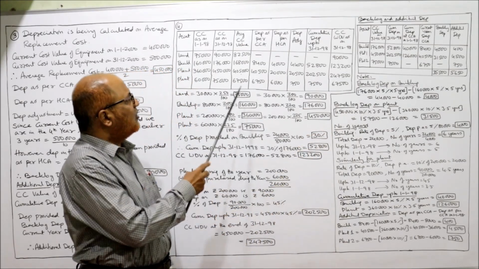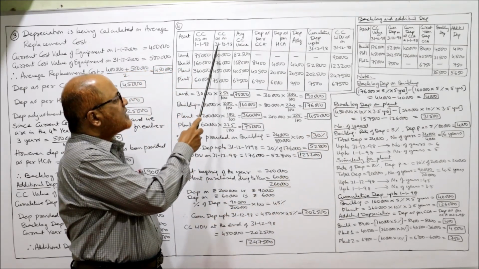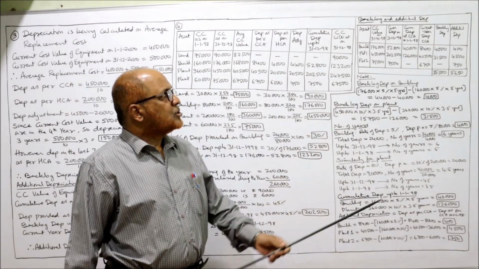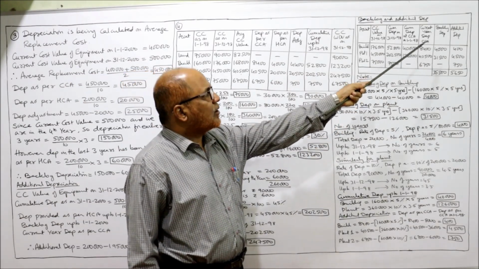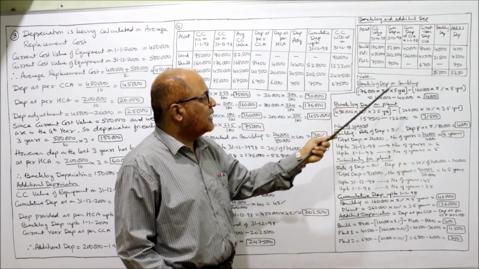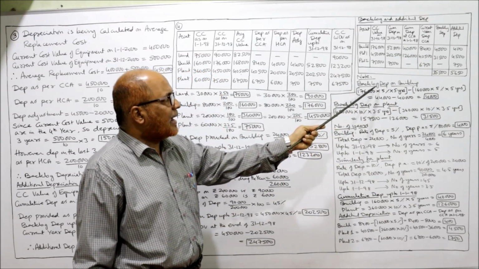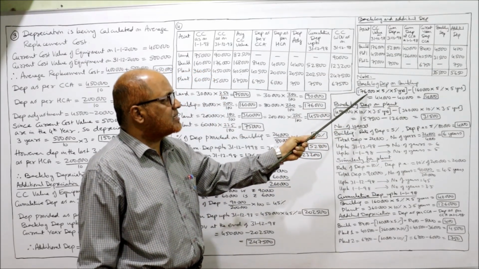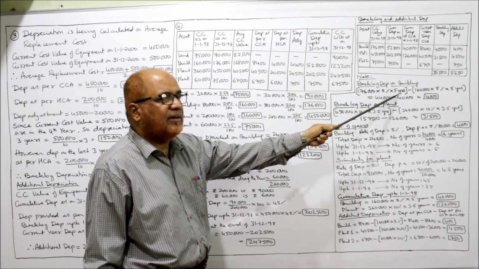This is the closing value of building, current cost as on 31st December. So the backlog depreciation is 4,000 and 31,500. How did we get this? Here I have shown the calculations. Backlog depreciation on building: 1,76,000 into 5% into 5 years.